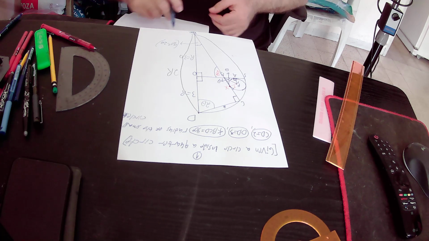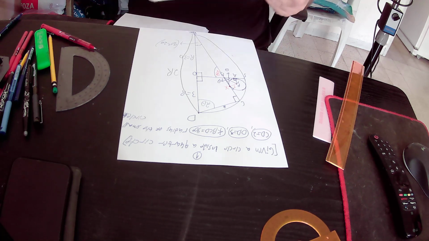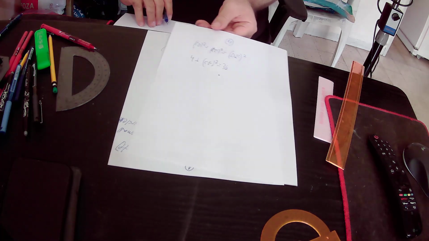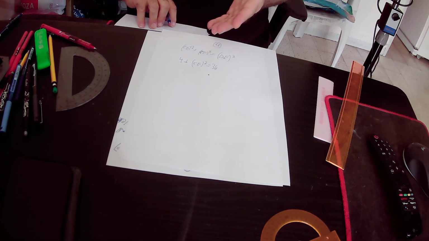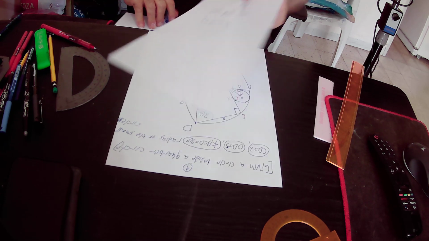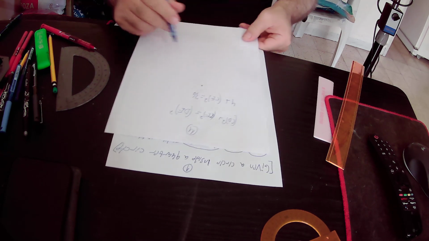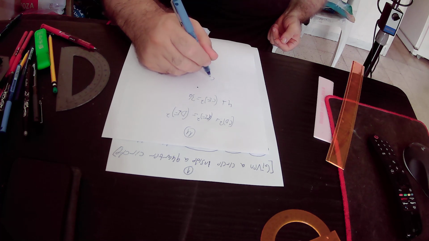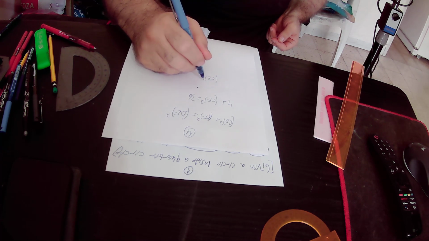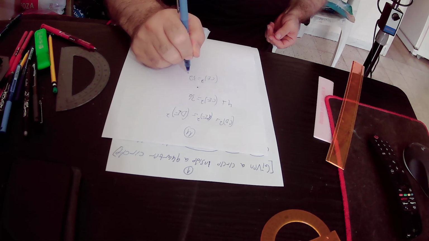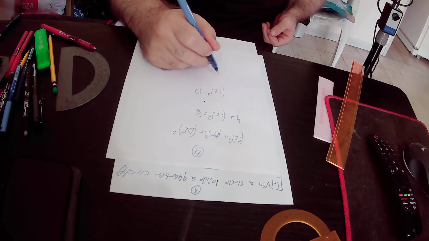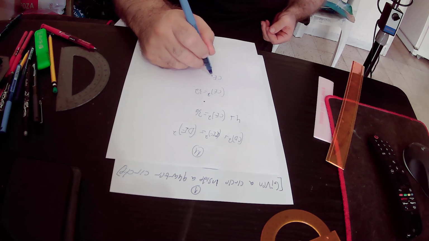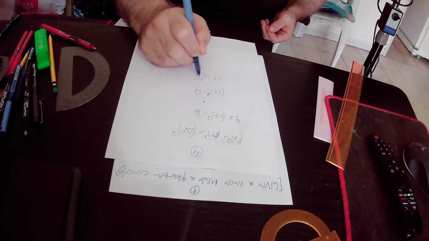So in total we got that 4 plus CE squared equals 36. Here we will subtract 4 from this equality and we will get that CE squared equals 36 minus 4, which is 32. So here we'll take a root of this equality and we will get that CE equals the root of 32.